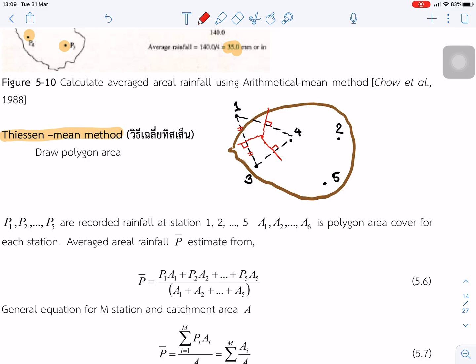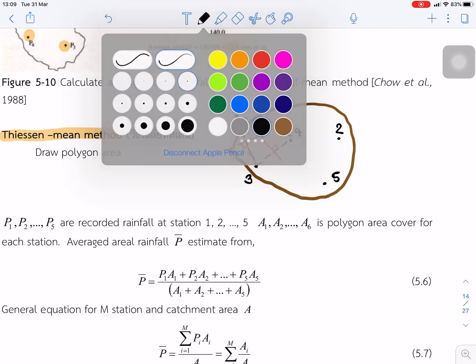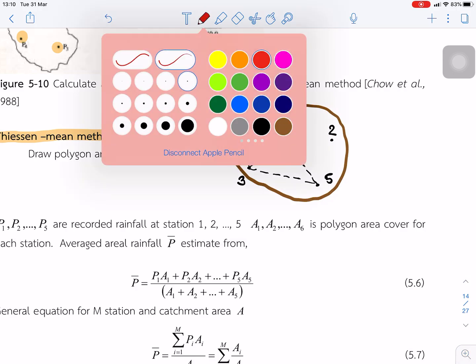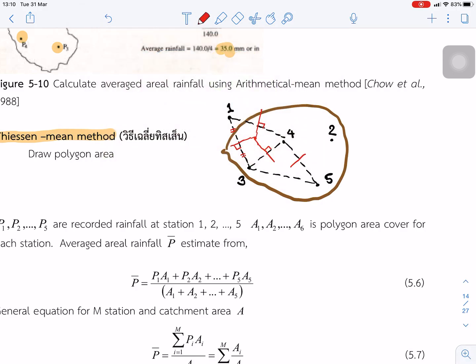Okay, we do the same for the other triangles, between 4 and 5, 3 and 4, 3 and 5, perpendicular and equal length.